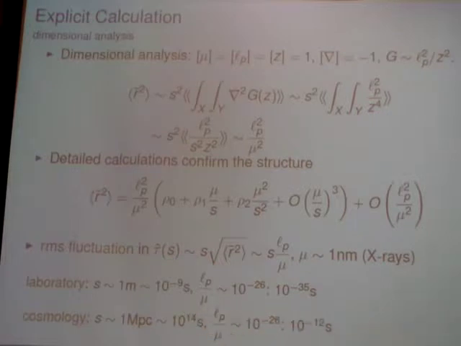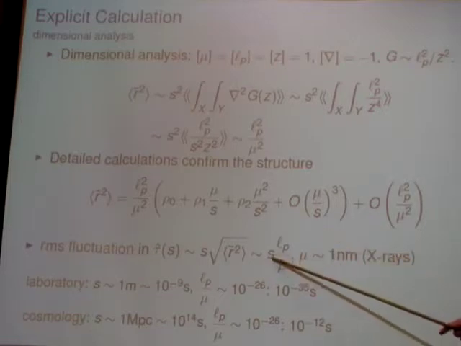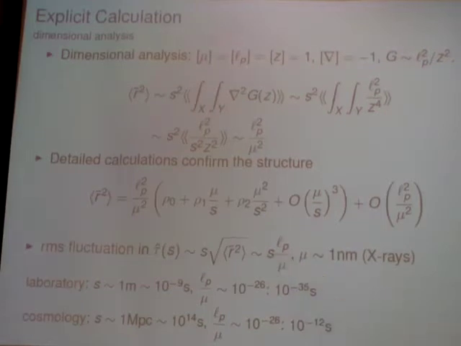In a cosmological context, if you have a geodesic triangle that's on the scale of separation of galaxies, about 1 or multiple megaparsecs, and just for the heck of it, keep X-rays as setting the smoothing scale, you get fluctuations of the order of 10 to the minus 12 seconds. And this will grow with the separation scale. So this predicts that for very distant light sources, you get a lot of fluctuation in the reception time.